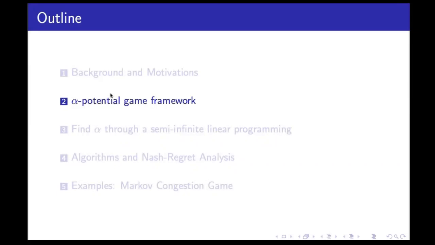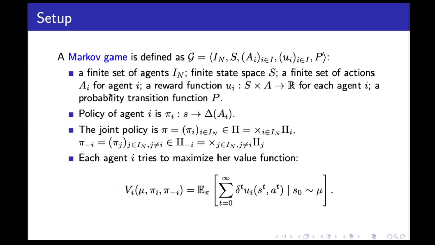Okay, now let's move to our framework. Let me briefly talk about the setup for the macro games. It's pretty standard in the multi-agent reinforcement learning setting. We still have n agents, and S denotes the state space. We consider a finite state space, an action set for each player i, and a utility function depending on your current state and the action profile of all the players. And we have state transitions for the system.